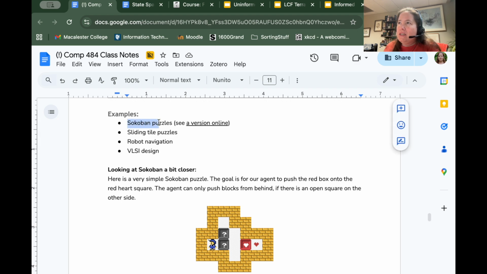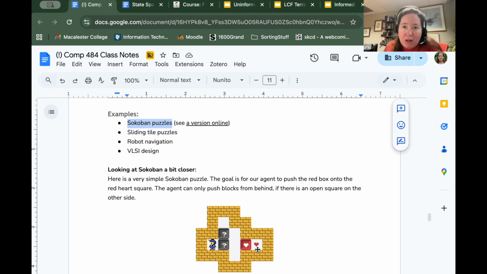One of those is a kind of puzzle called a Sokoban puzzle. I have an example drawn right here. The general idea of these puzzles is they're sliding block puzzles. There's a world that you exist in. It's episodic because you solve this puzzle and then you move on to a whole new world. There's a goal location you want to reach, or maybe two, and you need to be able to move around in the space and push these blocks onto the goal locations.